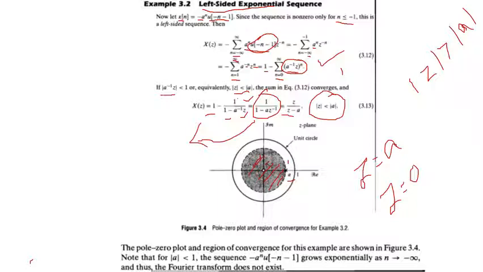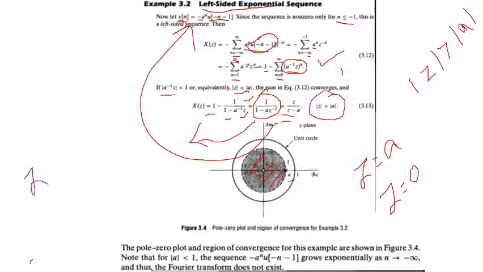So you must understand that whether the signal is left-sided or right-sided, the ROC is different, but the Z transform will be the same. Okay. So the Z transform of this x of n is this, and the inverse of this is x of n, provided the region of convergence is right.